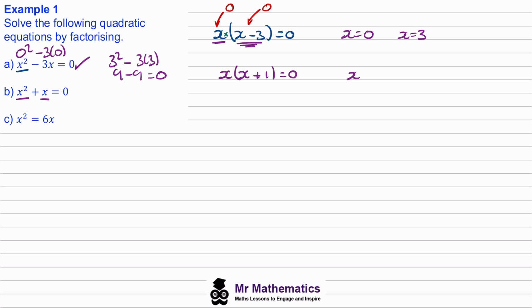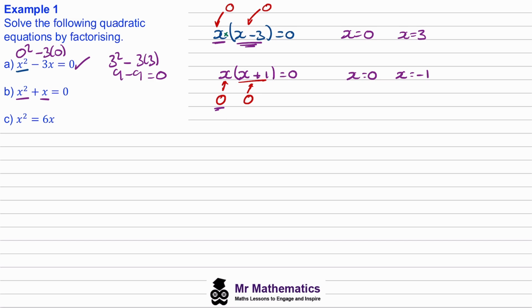So what do you think our two solutions will be? Well, our two solutions will be when each of these terms equals 0. So this one must be 0, and this one must be 0. So our first solution is 0, and then the second solution is when this equals 0, so x must equal negative 1.